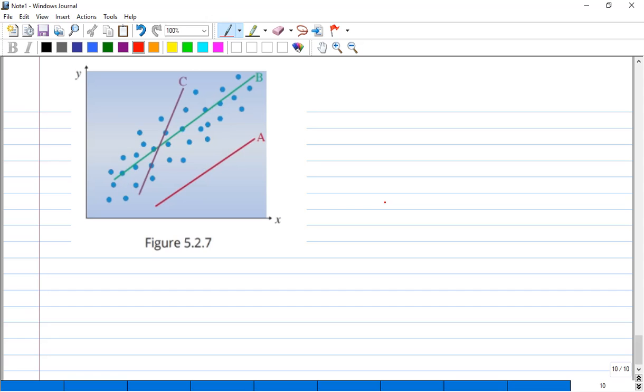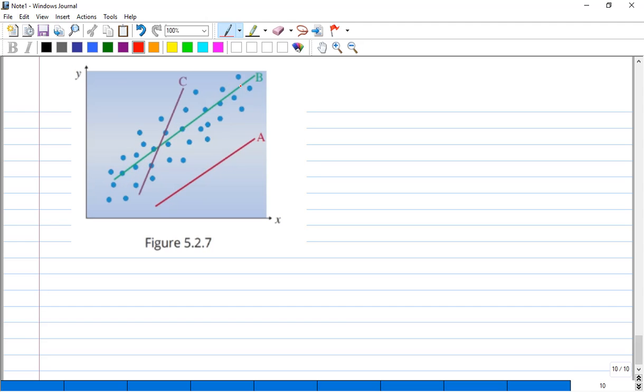I could draw lines anywhere I want to. But which of these lines do you think better fits that set of data and could probably predict closer values here? B. Because it's a straight line that kind of goes through the middle of all these.